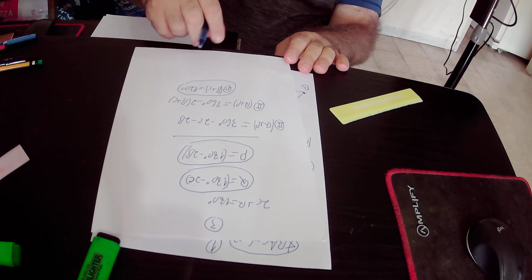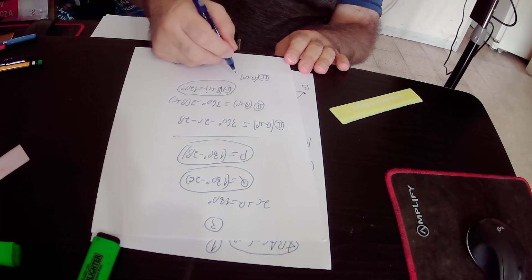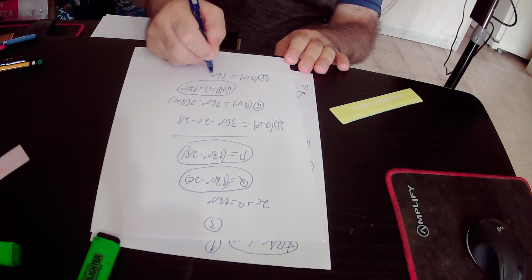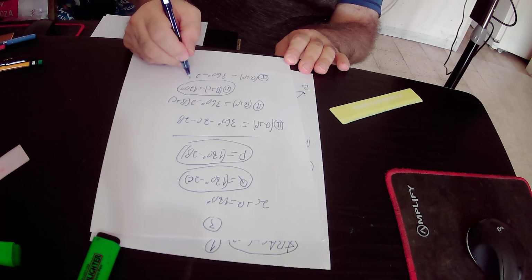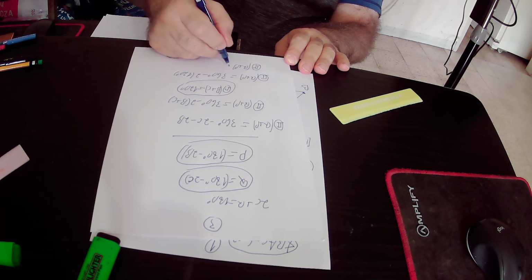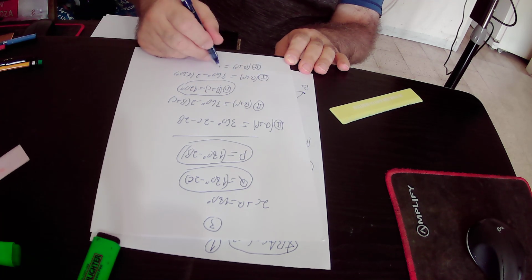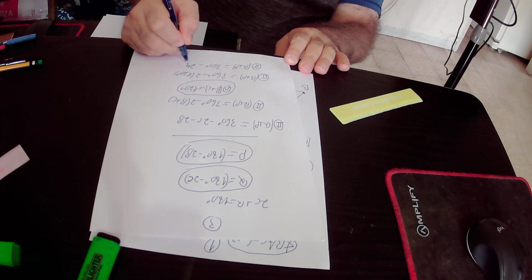We will get that Q plus P equals 360 degrees minus 2 times 120 degrees, which is 240 degrees.